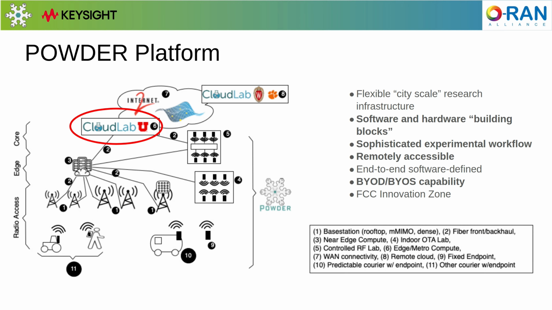This figure shows a brief overview of the Powder platform and the resources in it. Powder is designed to provide a variety of mobile wireless research facilities, all the way from the RAN through the core. It's federated with CloudLab and provides access to hundreds of powerful bare metal compute servers, as well as software-defined radios and COTS hardware inside of the RAN.